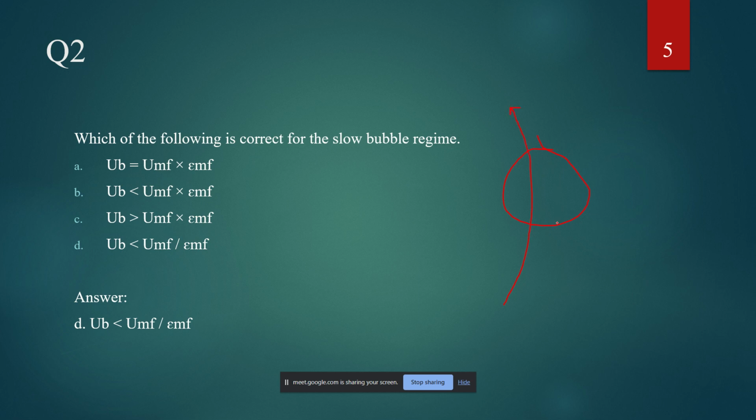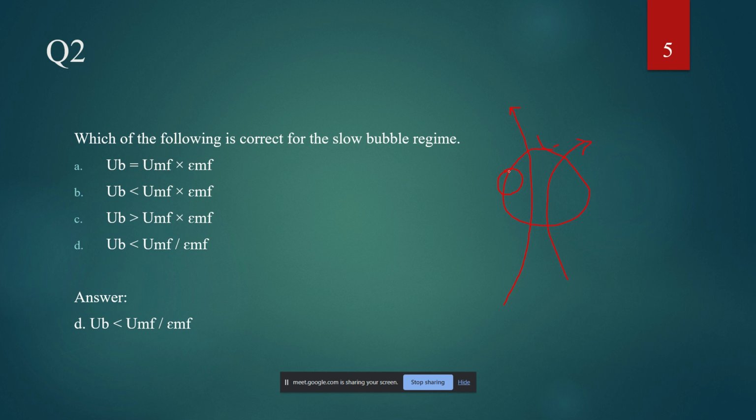Fluid moves up relative to the bubble, and there would be this region where the fluid penetration does not take place. So in this region, in the slow bubble regime, fluid moves up relative to the bubble.